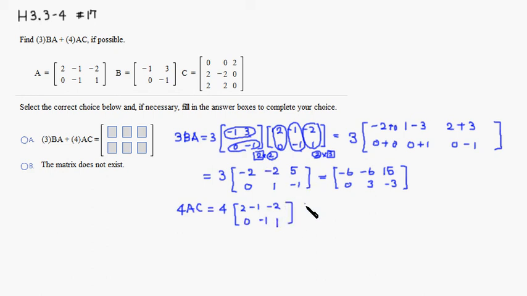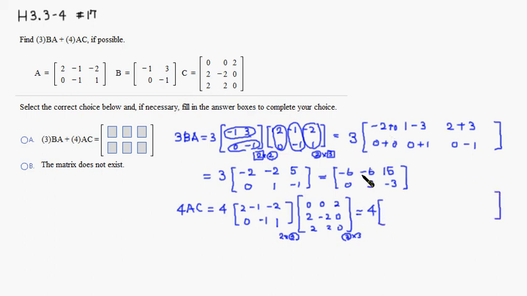Then multiply by C. This is a 3 by 3 matrix: 0, 0, 2, 2, negative 2, 0, 2, 2, 0. So you can see that it's a 2 by 3 times 3 by 3. So the 3s match up, and the resulting dimension is again 2 by 3. So 4 times, again, a 2 by 3 matrix.